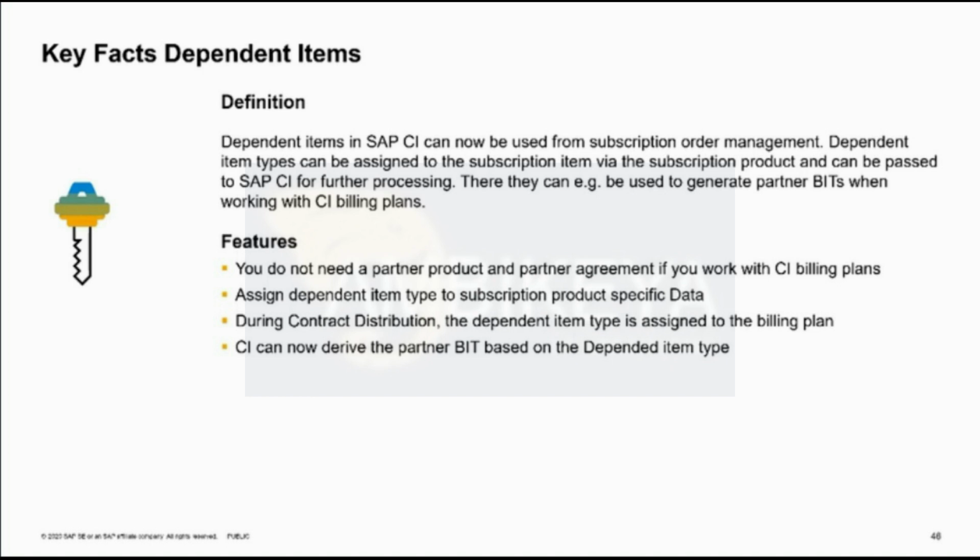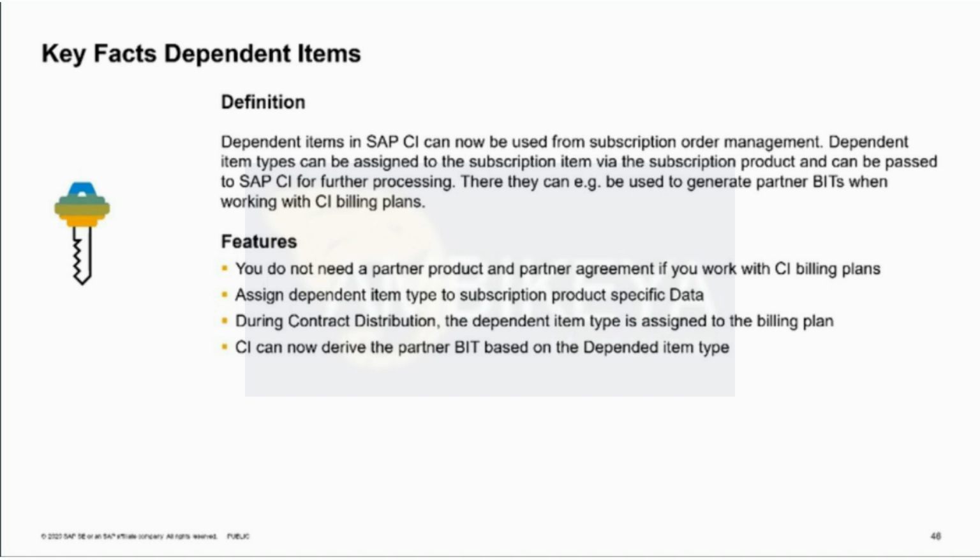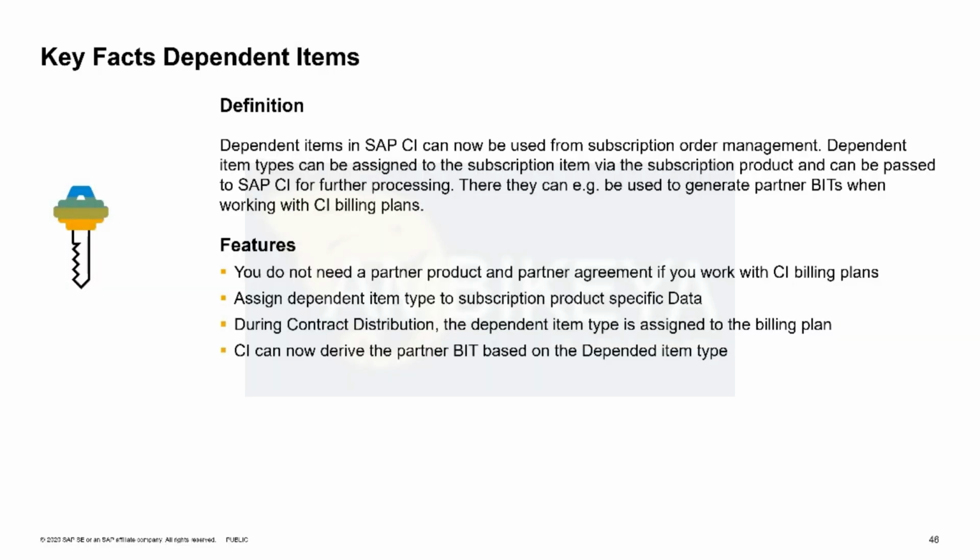With dependent items, we integrate functionality which convergent invoicing has offered. And we offer that also now together with subscription order management. So in convergent invoicing, you can create dependent items.